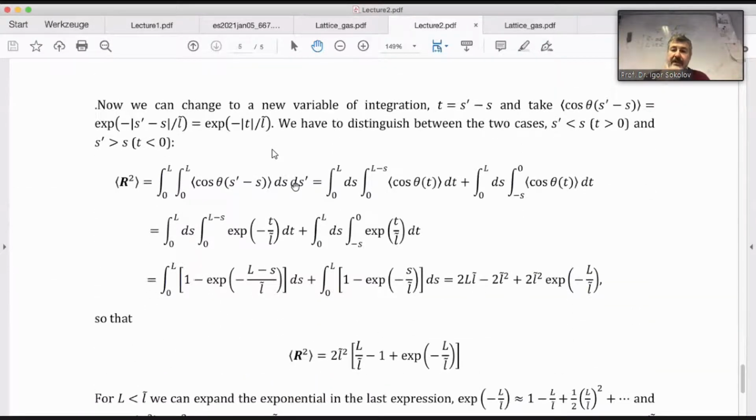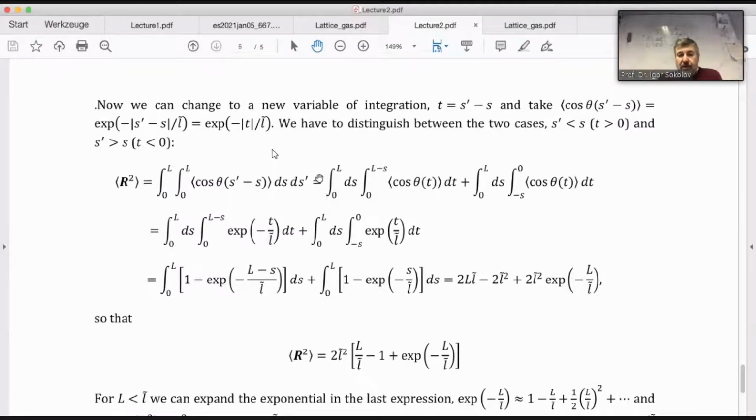So now I have to take such an integral. The first thing I do, I can immediately put here the exponential. Imagine you have here the exponential of minus |s minus s prime| divided by L tilde.